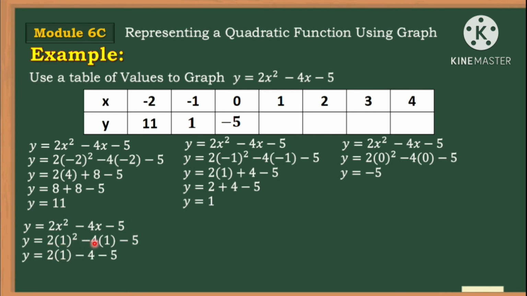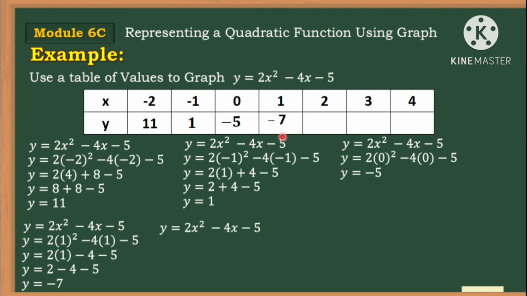So negative 4 times 1 is negative 4. So 2 times 1 is equal to 2. Then minus 4 minus 5, the answer is negative 7. So if x is 1, then the value of y is negative 7.